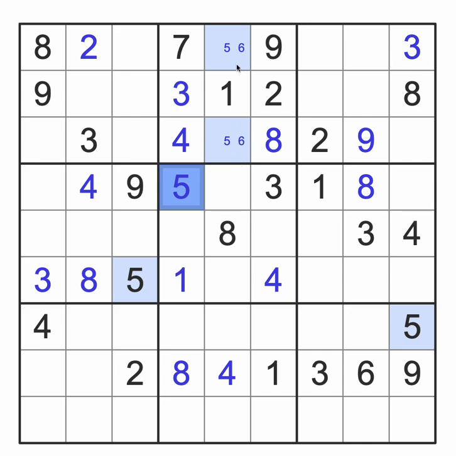So that means 6 in box 5 will be here or here because 6 will be in one of these two cells. So 6 being here or here means these cannot be 6. That gives me 6 here. And that gives me 1, 2, 7 triple here.